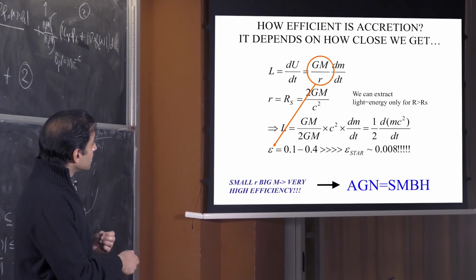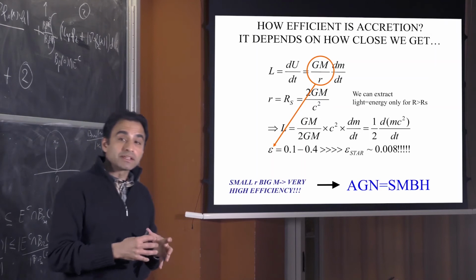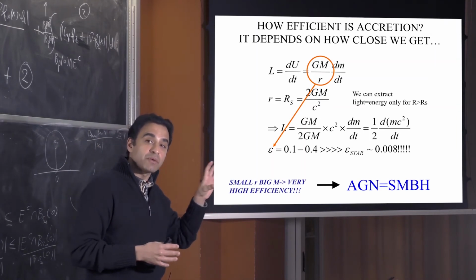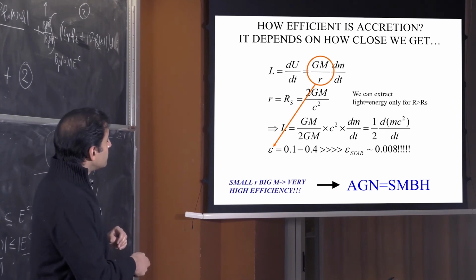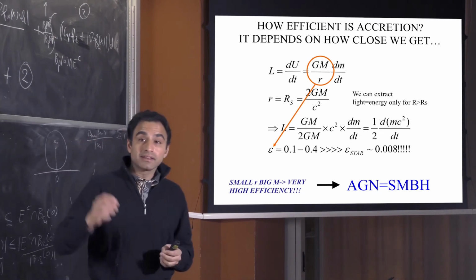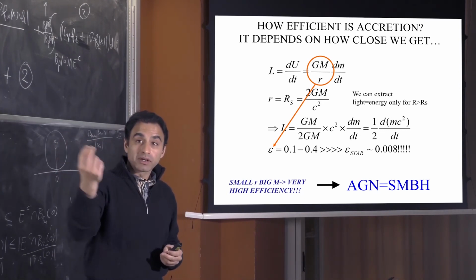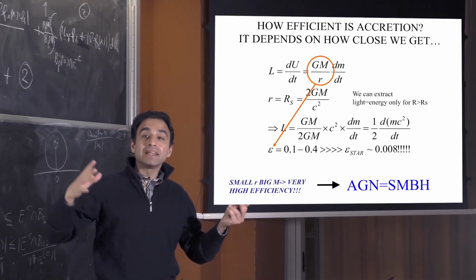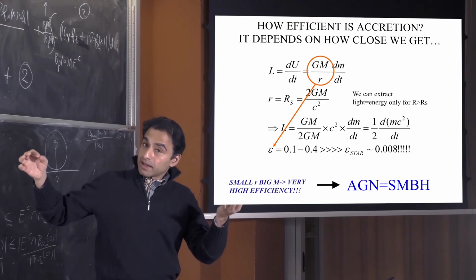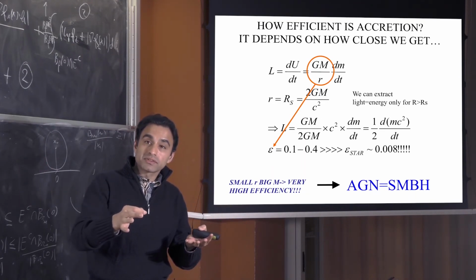Now, if you are able to convert this potential energy into light in some way, and I will describe what these ways actually are physically, you can hope to generate light. A particle that is orbiting around the black hole will be able to release energy until it reaches the Schwarzschild radius.